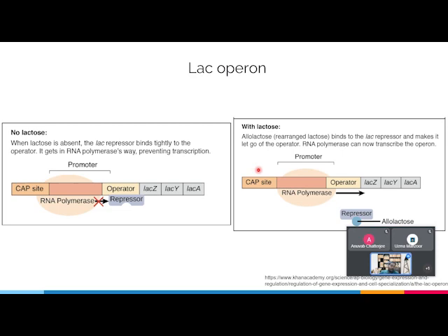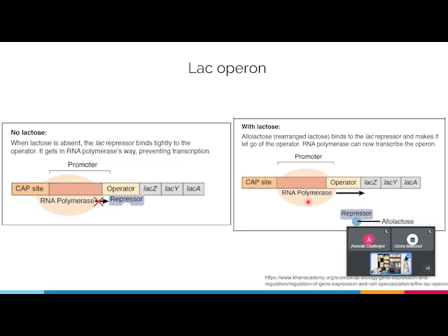So even though lactose is present and the repressor is off, and the lac operon should be switched on, because of the presence of glucose we have a secondary control over the lac operon and it does not act efficiently, and we have only a lowered level of transcription from the lac operon. The major reason behind this is that the preferred source of energy for E. coli or any other bacteria is glucose.